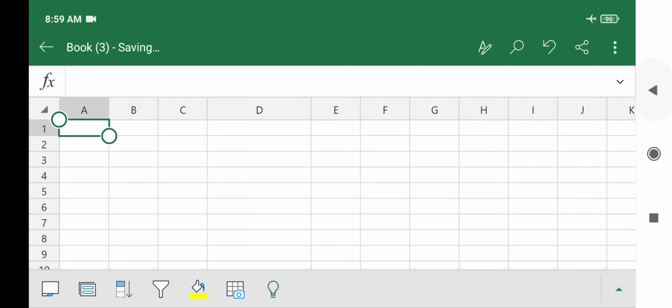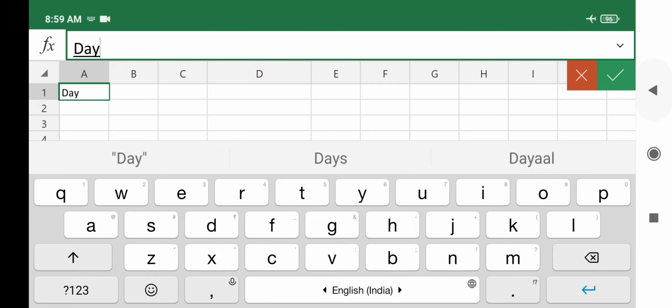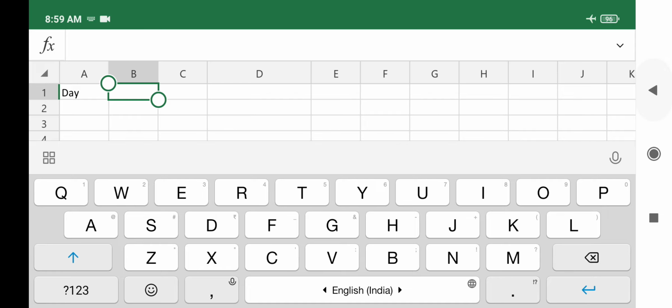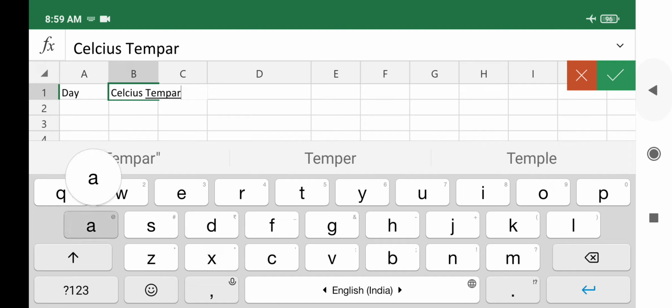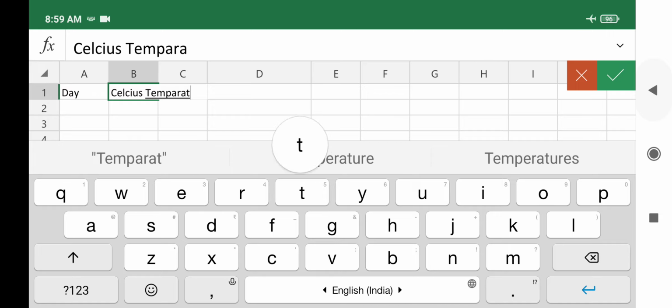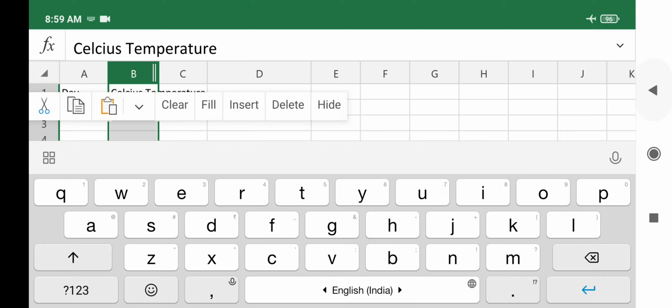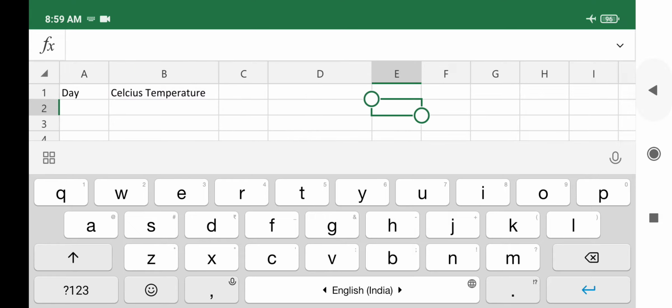First of all we have to type the data. Creation of the table is very important, and only then can we apply the formulas. Let's start. They have given Day, and now the Celsius temperature. The column is not fitted, so by choosing this option we can increase the cell width.